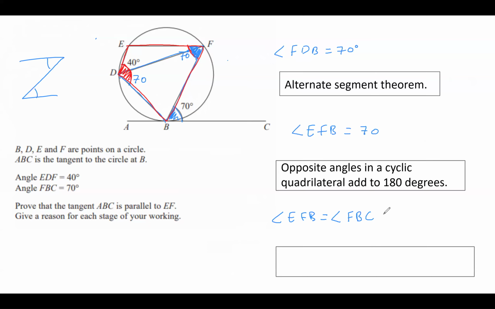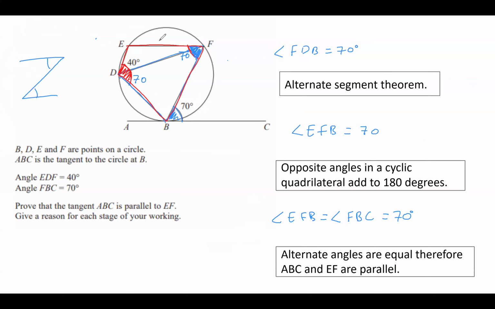So we can say these two angles are equal to 70, and that's because alternate angles are equal. So we have alternate angles over here. Therefore, EF and ABC are parallel. And this is how you would do this question. So it's important to be able to even use other angle rules, such as angles on parallel lines as well.